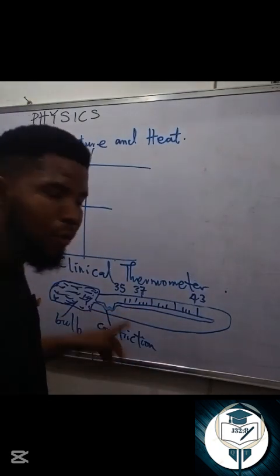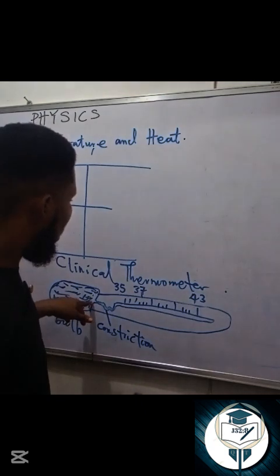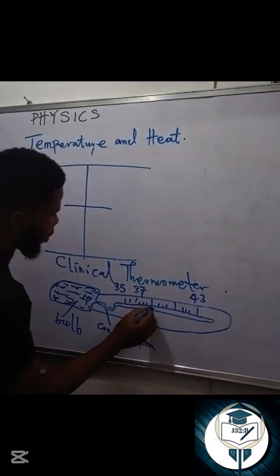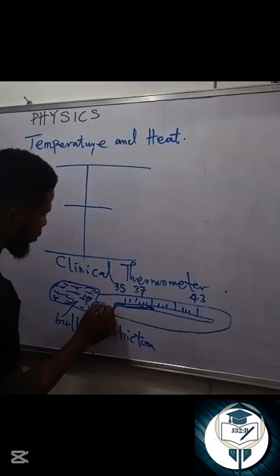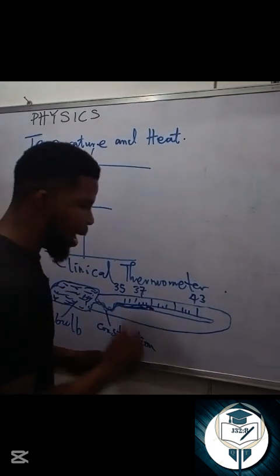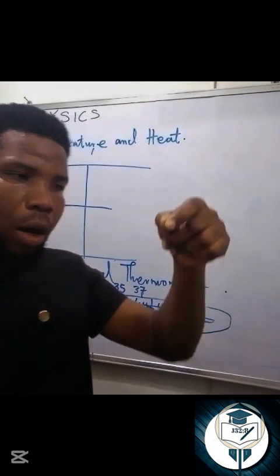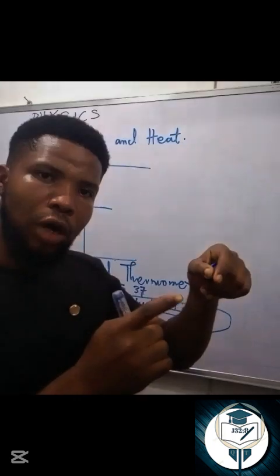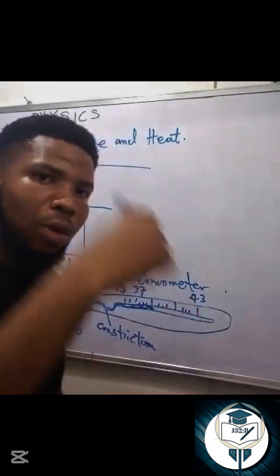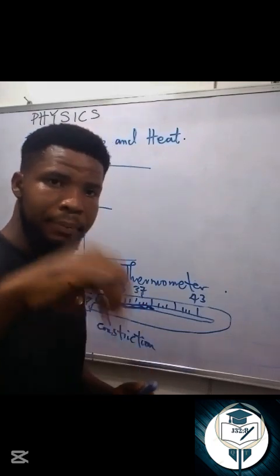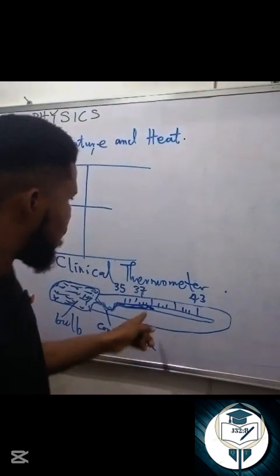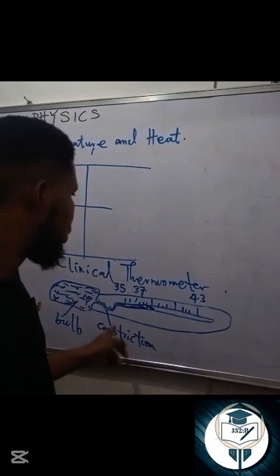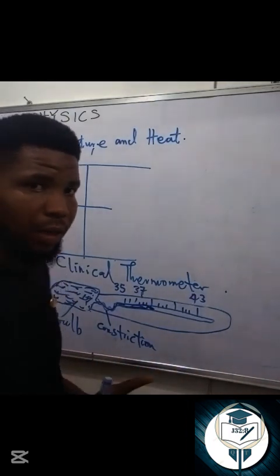So when you take a measurement and it comes to this point, it will remain there till you have looked at the temperature that was measured. Then you can shake to return the mercury back to the bulb. So this constriction is very, very important.